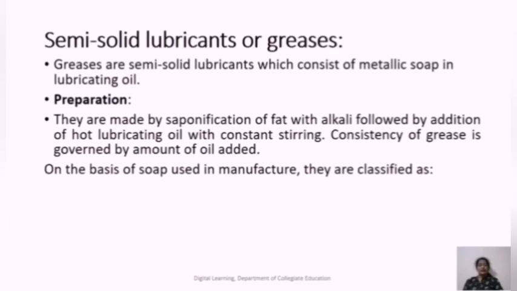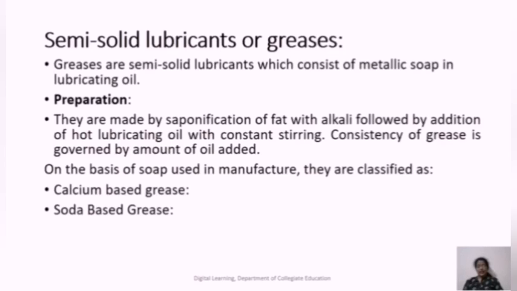On the basis of soap used in manufacture, they are classified as calcium-based grease, and these greases are prepared by mixing calcium soap with petroleum oil. They are insoluble in water, and these can be used up to 80 degrees centigrade, and these are also called cup grease.